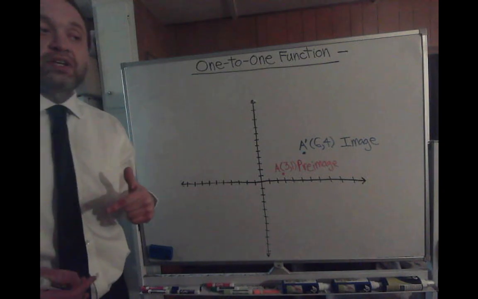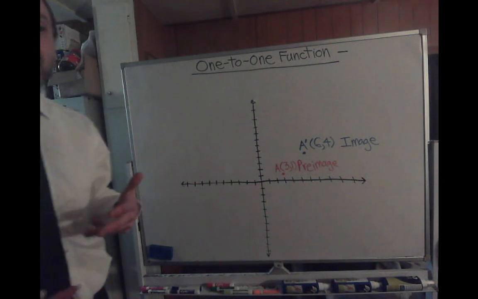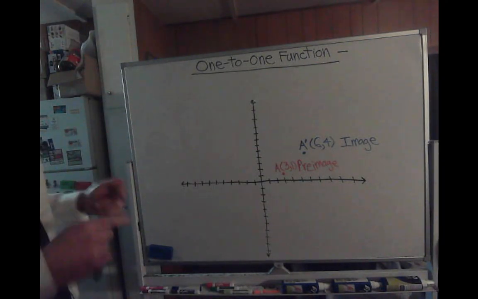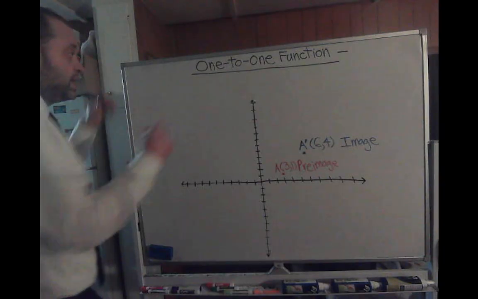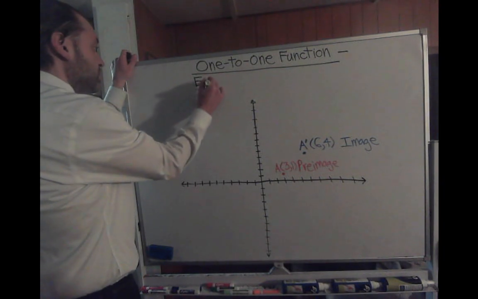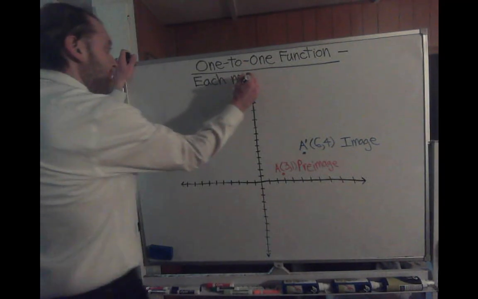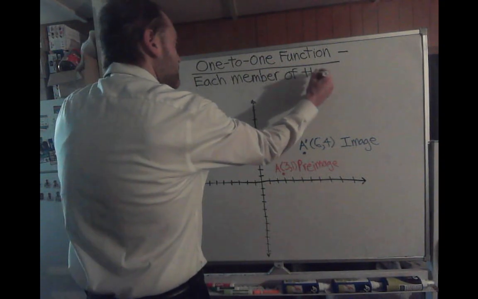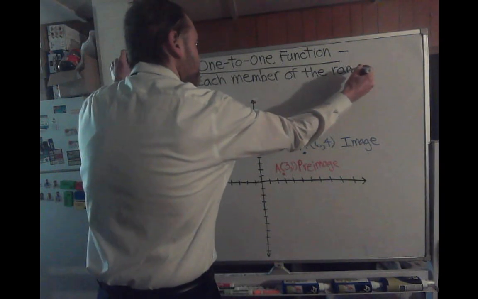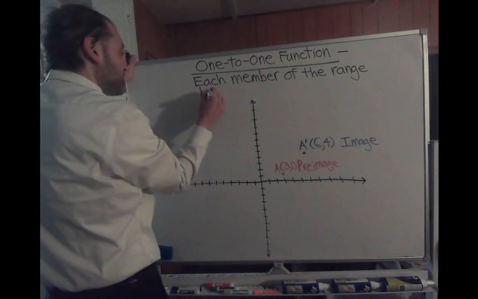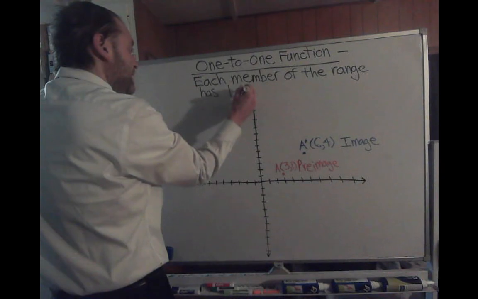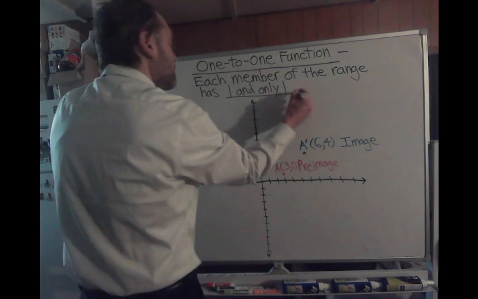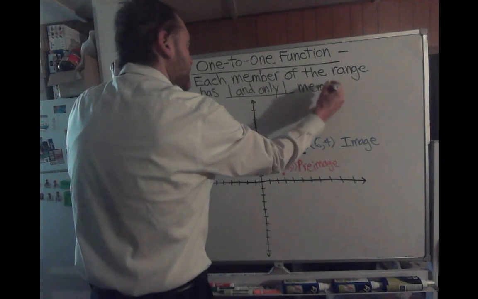And there are 3 tests we can use to determine if a function's one-to-one. We're not going to cover that in this course. We'll cover that in Algebra 2. But in short, a one-to-one function is one where each member of the range has one and only one member of the domain.